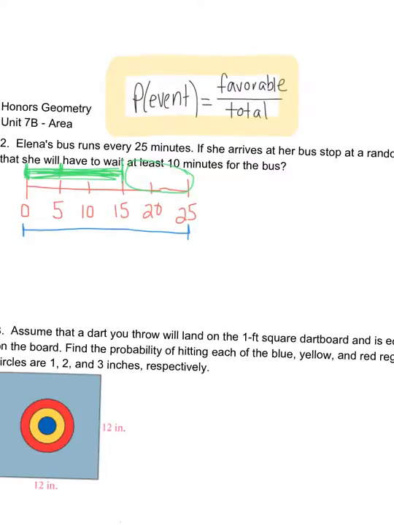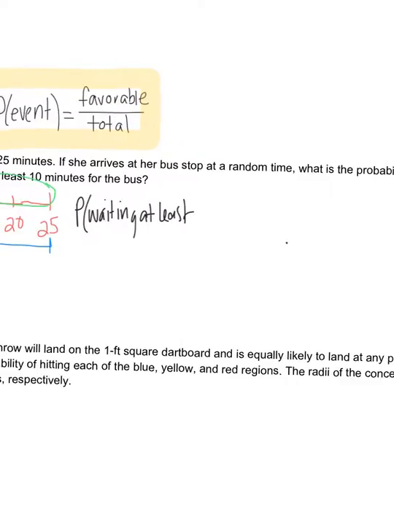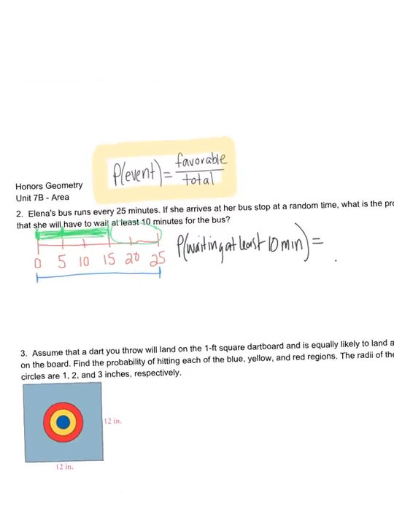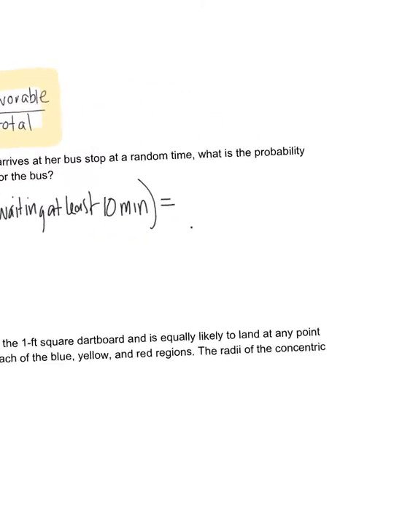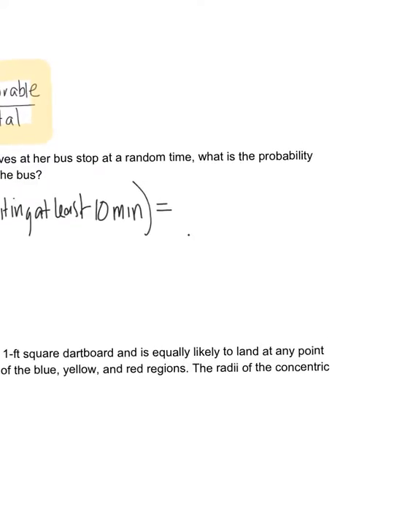So the probability of waiting at least 10 minutes is equal to, in my numerator, the length of my favorable segment, which looks like 15 units, over the length of my total segment, which was 25 units.